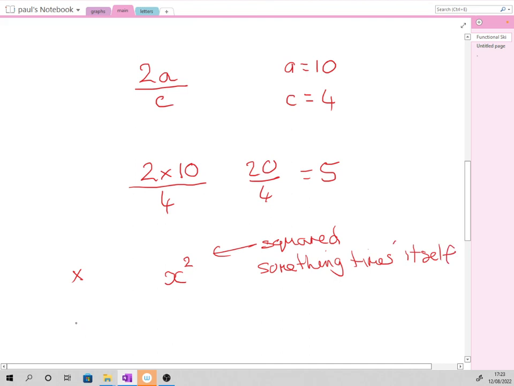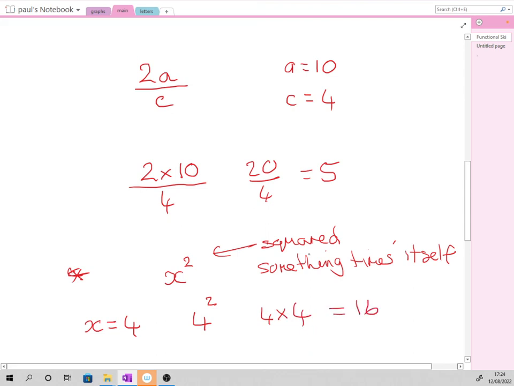Now, x equals 4. So what is x squared? That will be 4 squared, because x is 4, so you put 4 in place of the letter. Now 4 squared means 4 times itself, which is 4 times 4, which is 16.